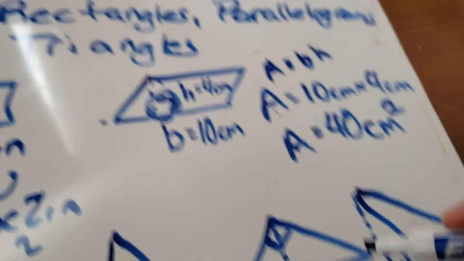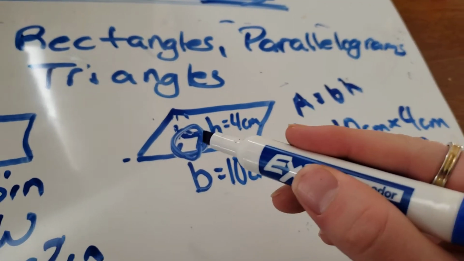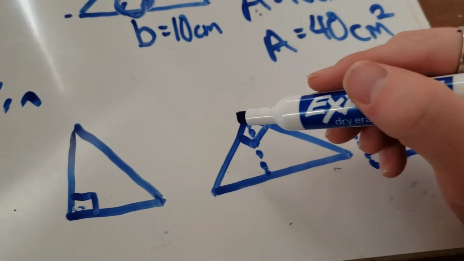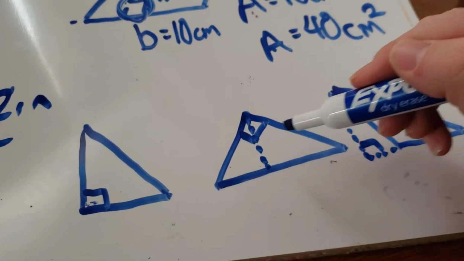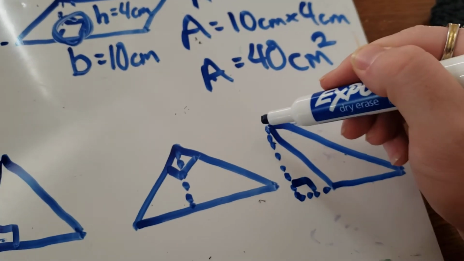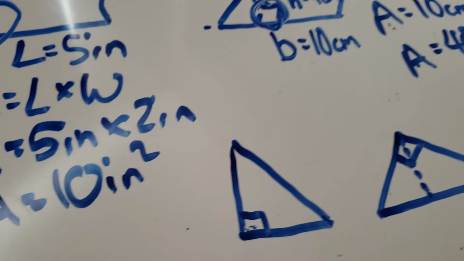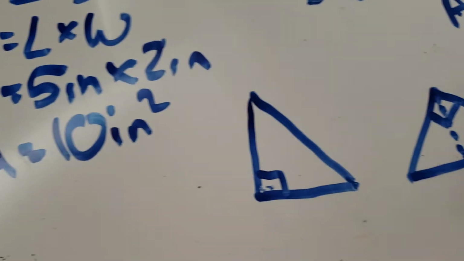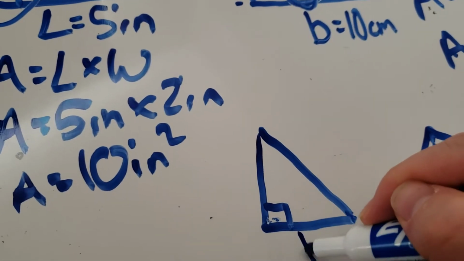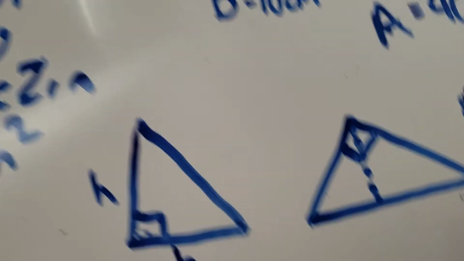So just like with our parallelogram, with certain triangles, we actually have to have an imaginary line called the height, because it is the height that meets our base at a right angle. So for a triangle, we've got a base and a height.